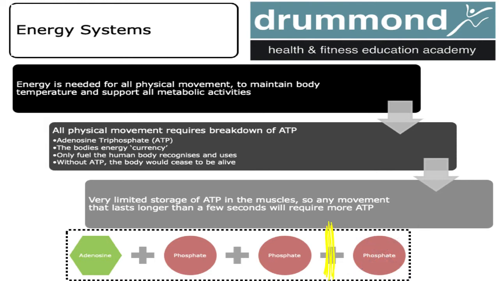When this high energy bond is broken, energy is released. There is very limited storage of ATP within the muscles, and this will only last for approximately 1 to 2 seconds. So the body is then required to resynthesize ATP to produce more energy. And this is done by the breakdown of carbohydrates, fat, and protein.